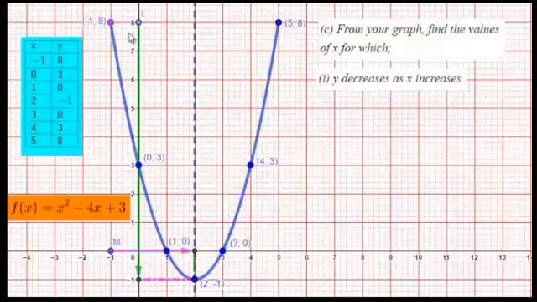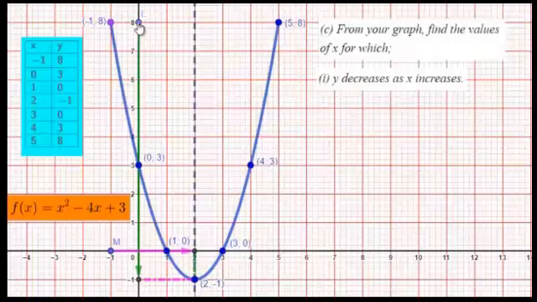So when you look at the diagram, when you move down the y-axis, the values decrease. So from 8, now look at where we are at -1.